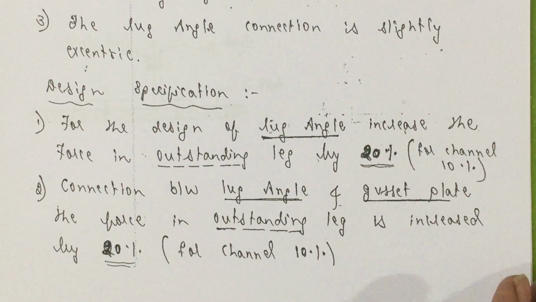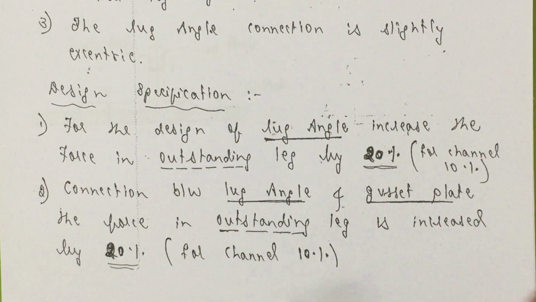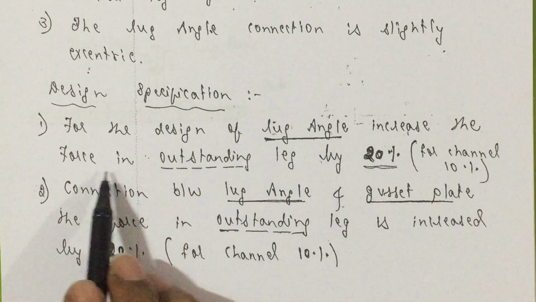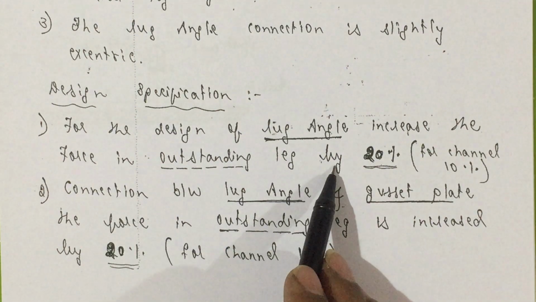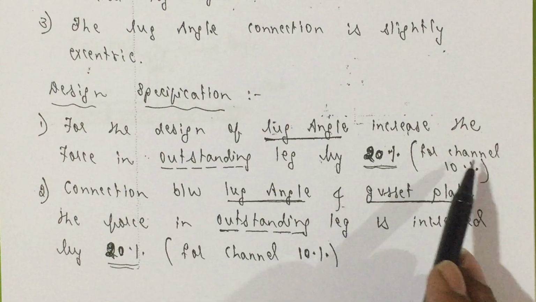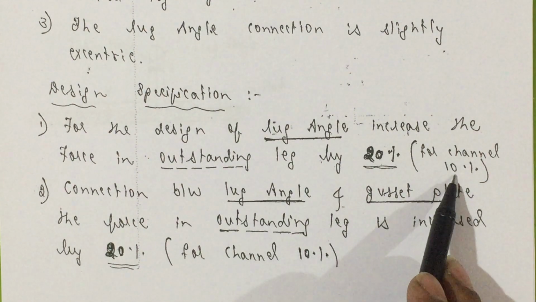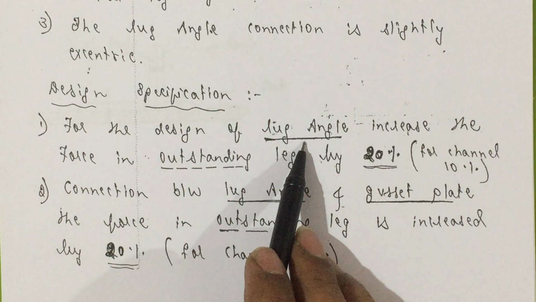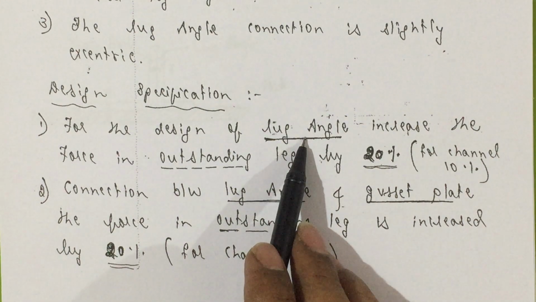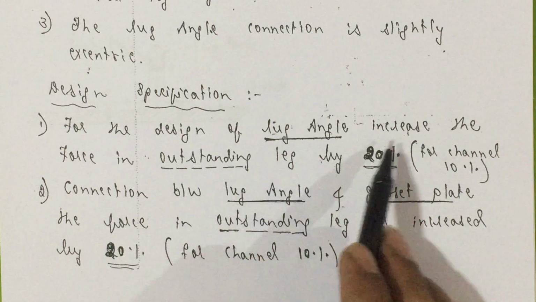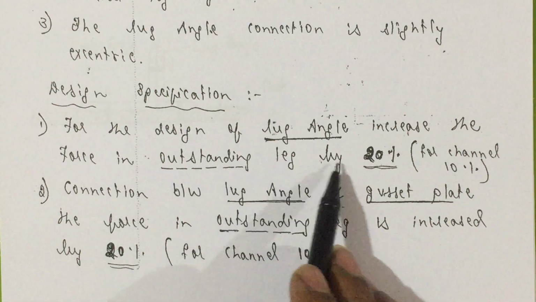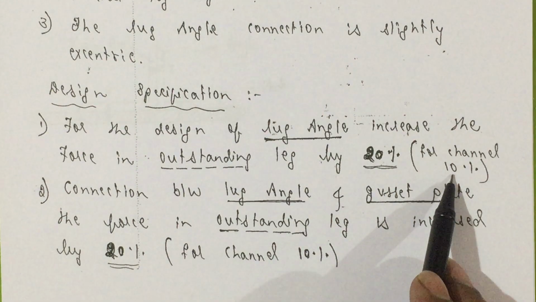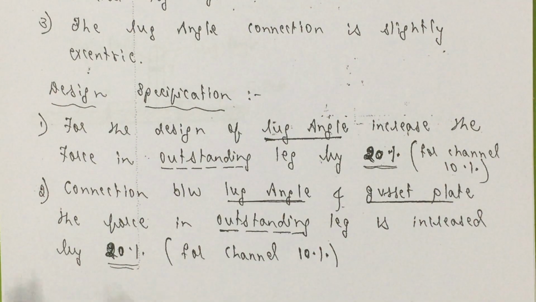Okay. Then if we come to the design specification, for the design of lug angle, increase the force in the outstanding leg by 20%. If it is for channel section, increase by 10%. If it is an angle section and if we are designing lug angle connection, then increase the force in the outstanding leg by 20%, and if it is a channel connection, increase by 10%.